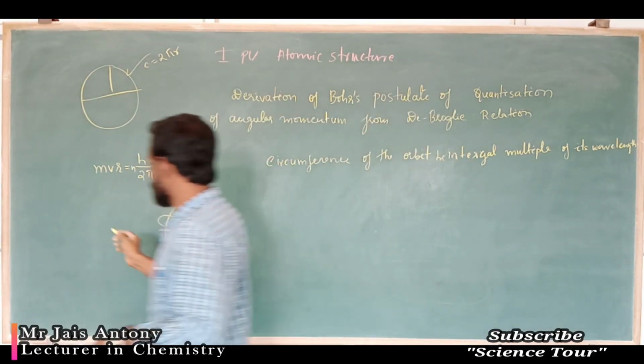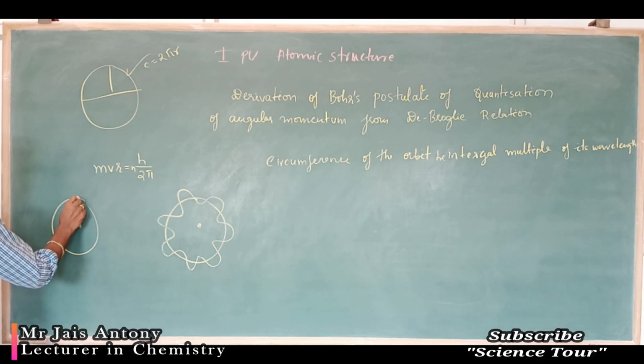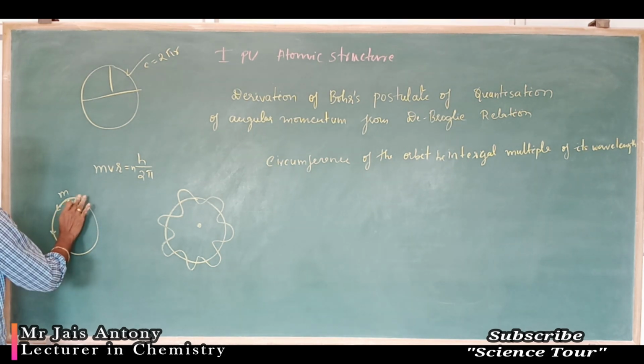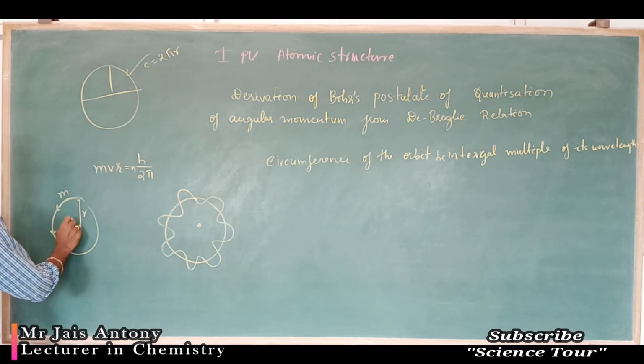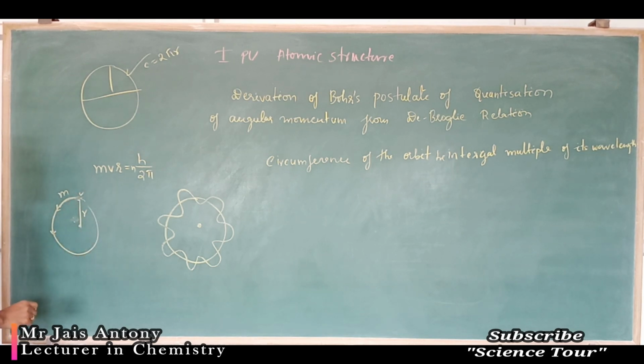Already we discussed, when an electron is moving in a circular path with mass m, velocity v, and radius r.